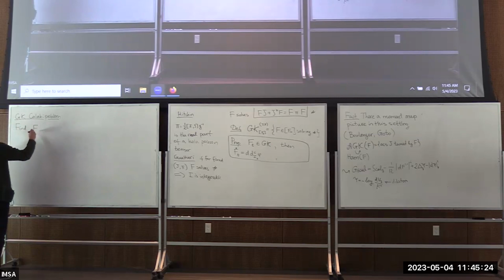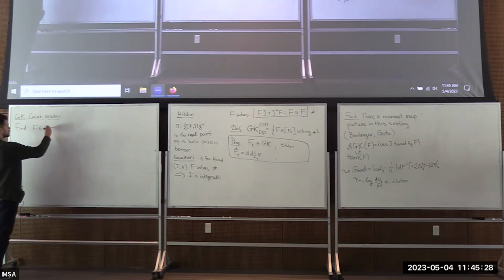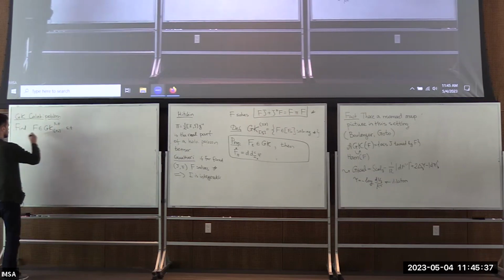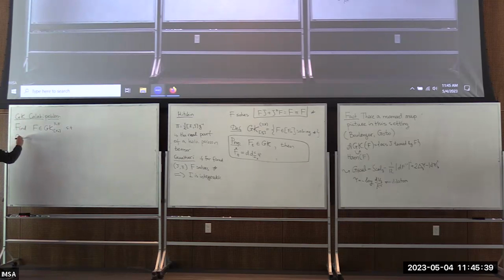You want to find F in this generalized Kähler class, again prescribed by cohomology data and your holomorphic data, such that the generalized Kähler curvature is constant. Identically constant.